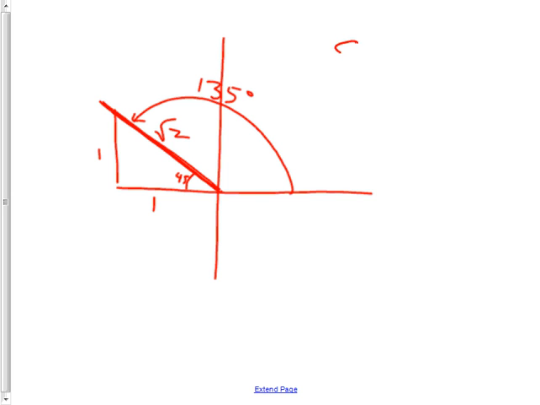So if I had asked you for the sine of 135 degrees, here's what you do. You know where 135 is. Then you say, okay, here's the reference triangle that goes with it.